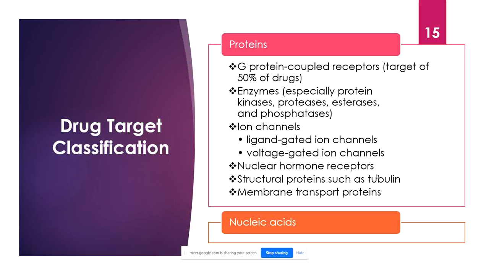But most of the time we have proteins. Now, what is a biological drug target? Actually, a biological target is anything within our living organism to which any other entity, like an endogenous ligand or a drug, can bind, and this binding results in a change in its behavior or function. For example, the common classes of biological targets are generally proteins and nucleic acids.